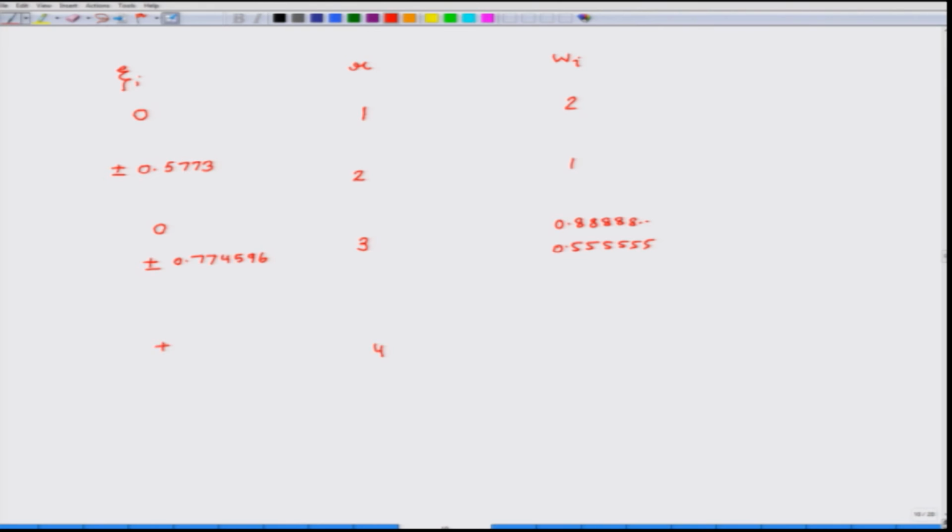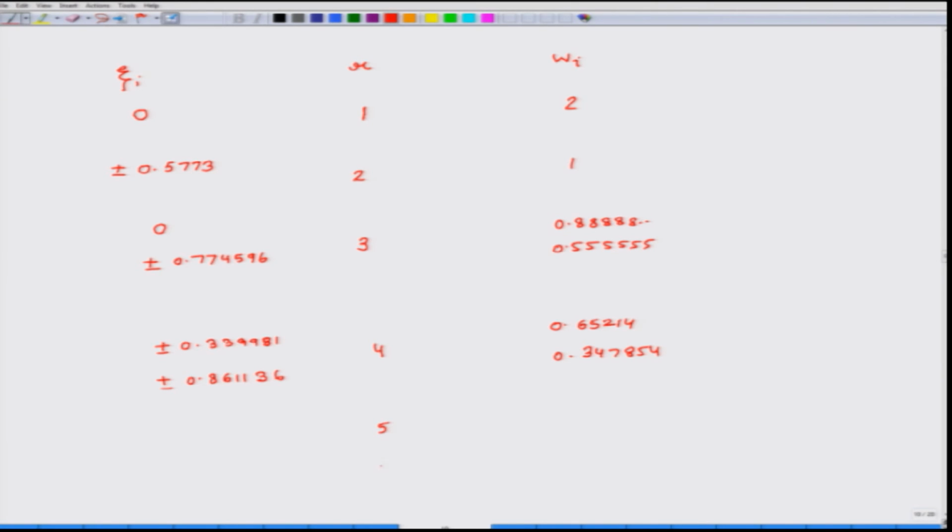These points are plus minus 0.339981 and plus minus 0.861136. Again, they are not equally spaced, and the weights are 0.652145 and 0.347854.